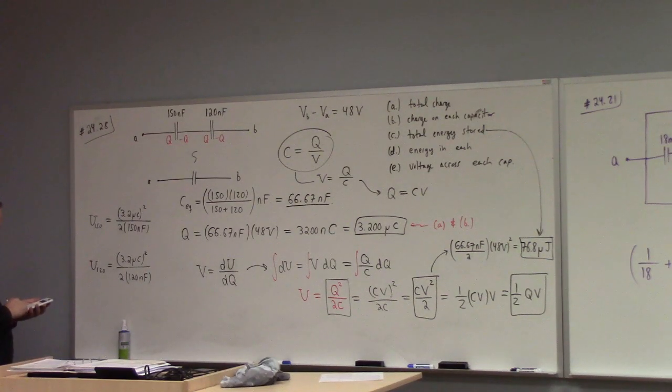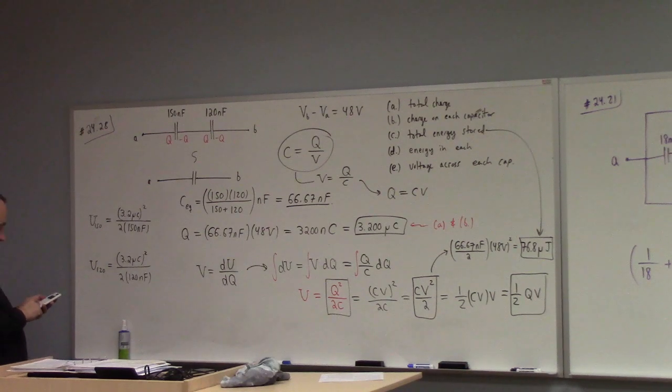So I got 3.2 times 10 to the minus 6, square that, divide by 2, divide by 150, divide by 10 to the minus 9.